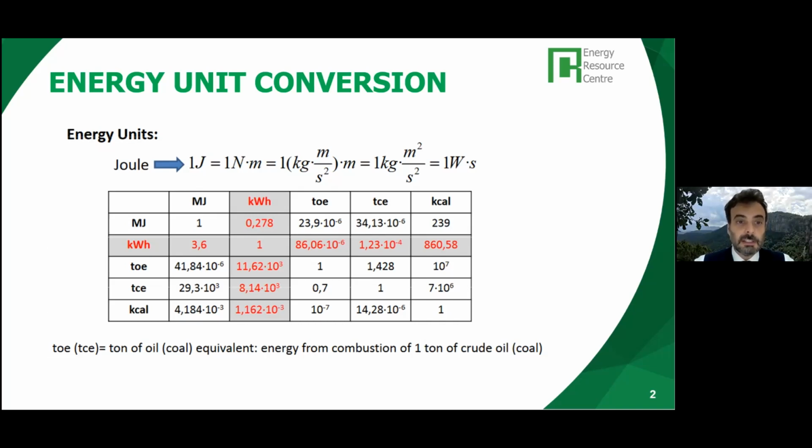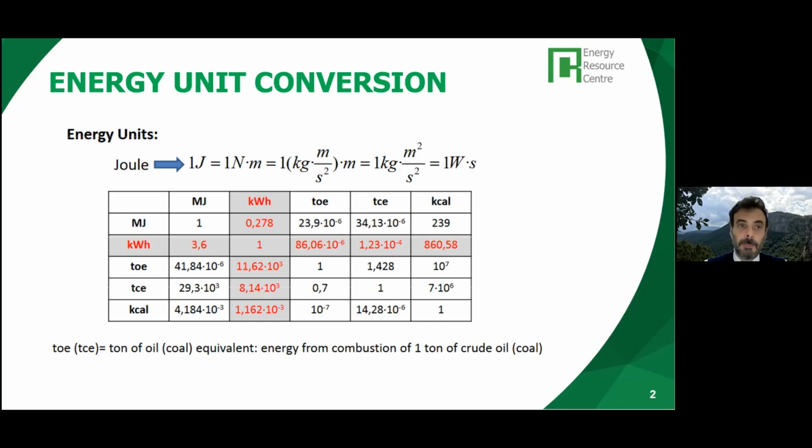The international unit for energy is the joule. But of course, the joule can also be obtained from other magnitudes. It comes from a force being applied over a certain distance, so that's Newton meter. At the same time, the Newton is a force, and so on and so forth.